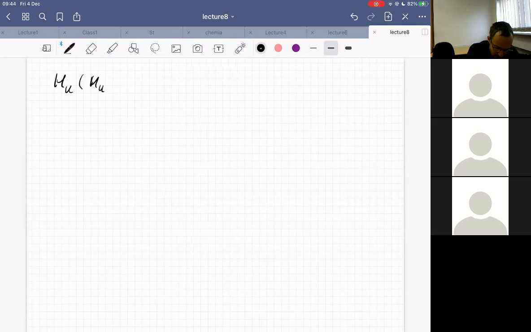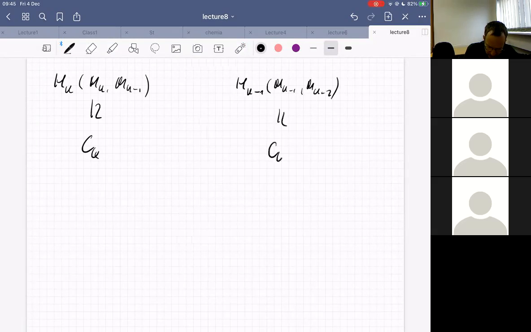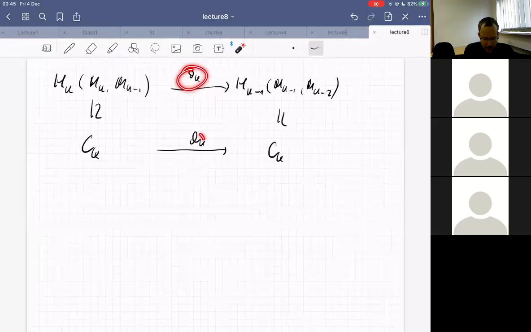H_k of (M_k, M_{k-1}) to C_k of our chain complex, the map d_k and the map that we defined are the same maps.